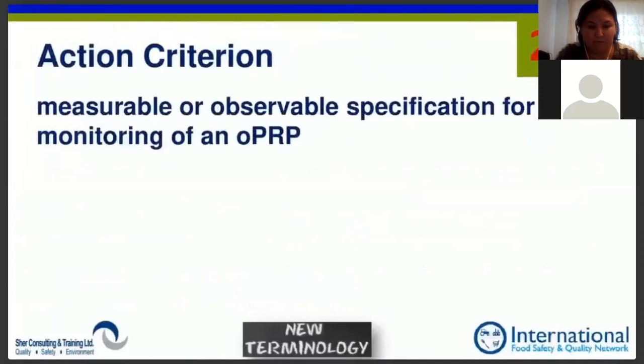So even if you have an OPRP that's being monitored with a measure, for instance, you're using an ATP swab to verify cleanliness, well, that's part of your PRP. That's not a step in the process. So it has to be an OPRP, the cleaning, but you are measuring when you do the monitoring. So it could be measurable or observable. For instance, our glass covers, our light cases are intact. That's observable. Or our sieve is intact. That's observable. So that's an action criterion.